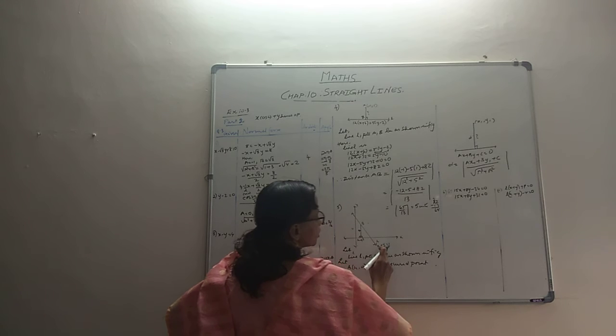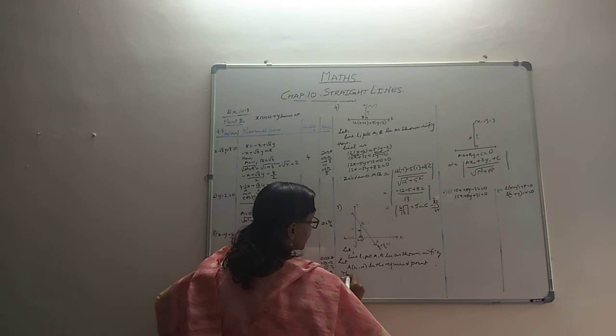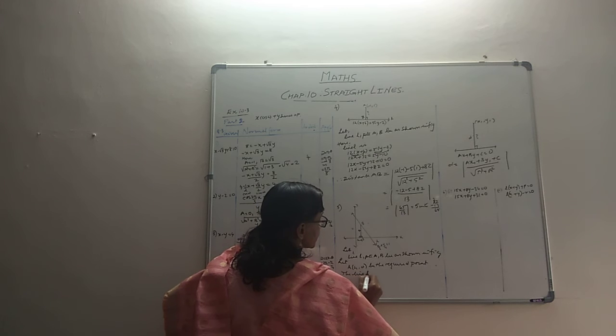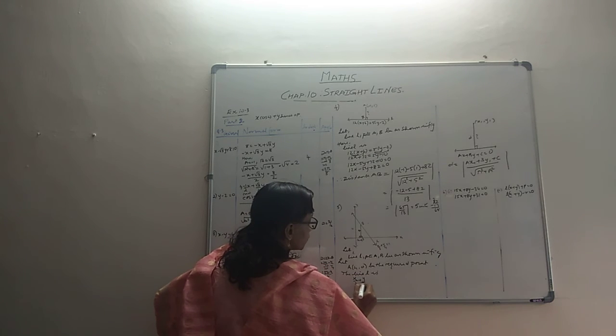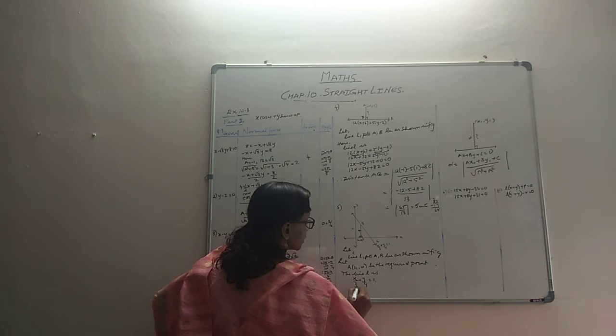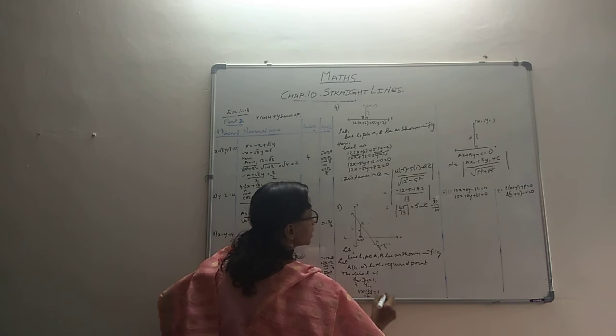Again, this is not a very desirable form, so let's have it in that form. The line L is x by 3 plus y by 4 equal to 1. Let's convert it by multiplying by 4 into 3, that is 12. So it's (4x plus 3y) whole by 12 equal to 1.